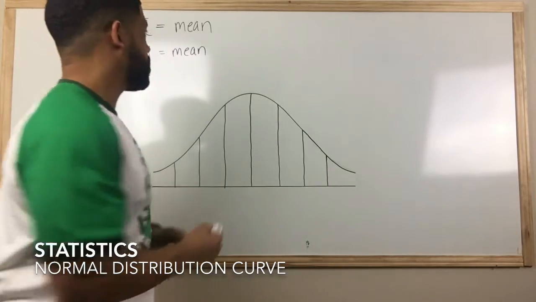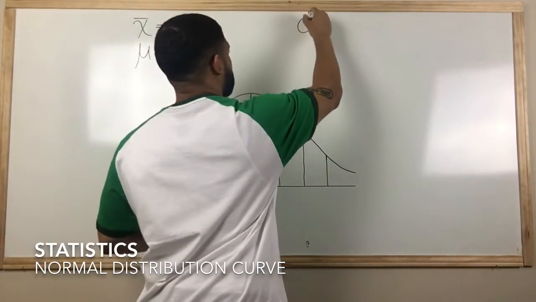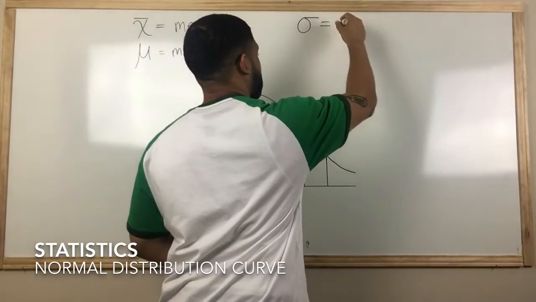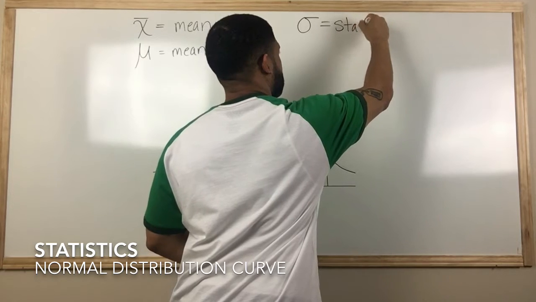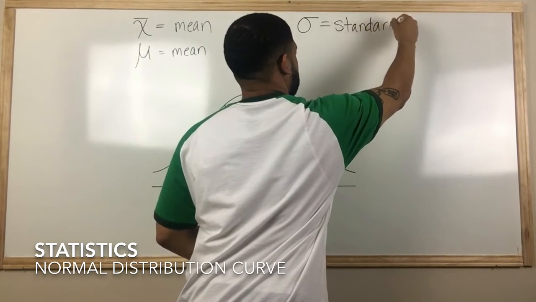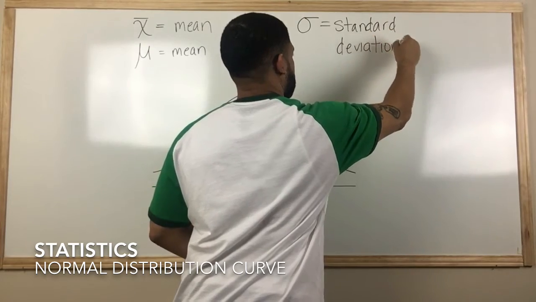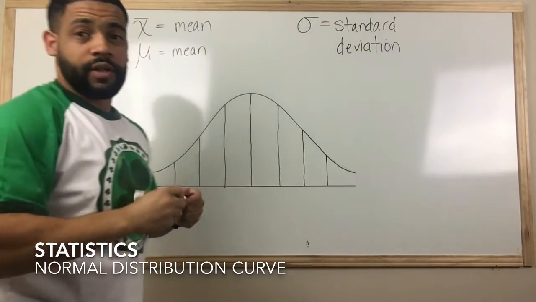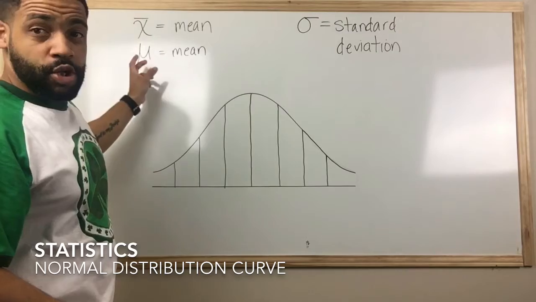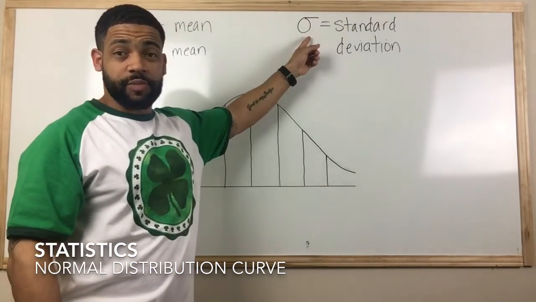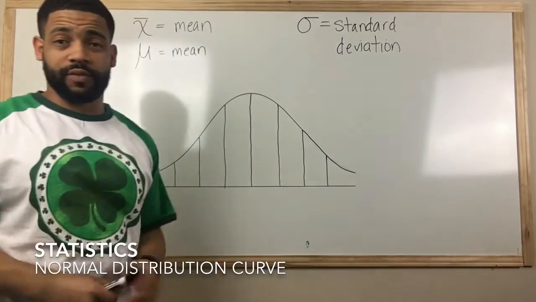And then the other thing you'll see is the Greek letter sigma, and this is the standard deviation. So we have X bar or mu for the mean or the average, and then we have sigma for the standard deviation of the data.